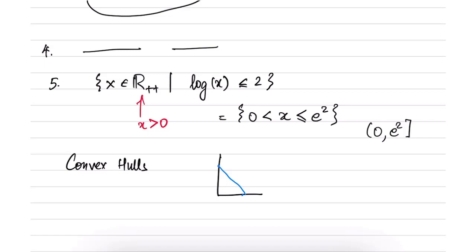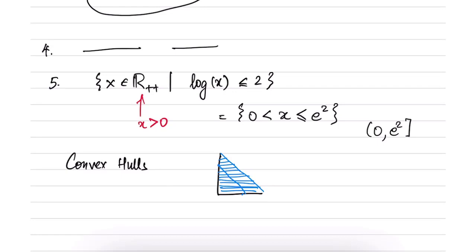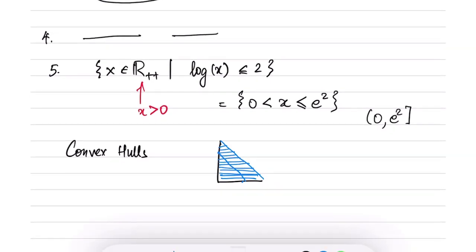But what is the convex hull of this set of 2 lines? The convex hull is the entire region between these 2 lines, so the entire shaded region shown here is the convex hull.